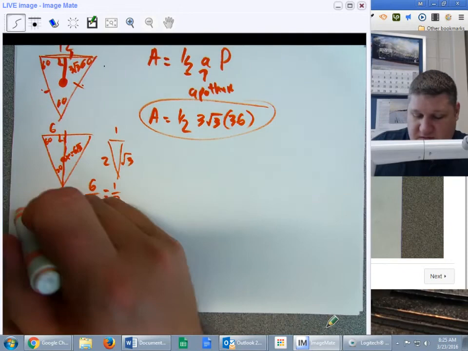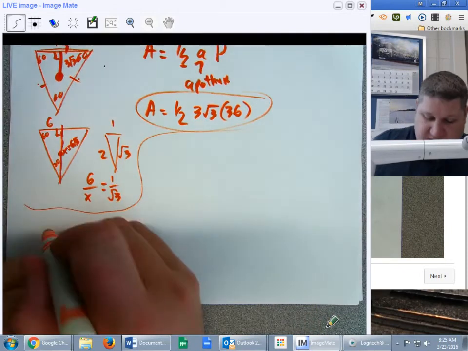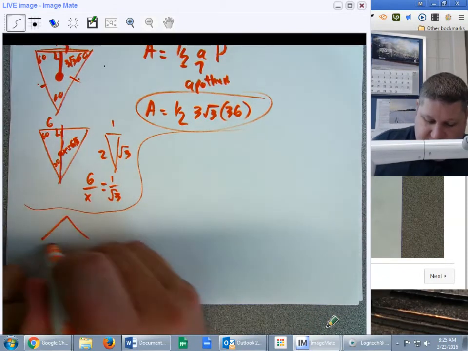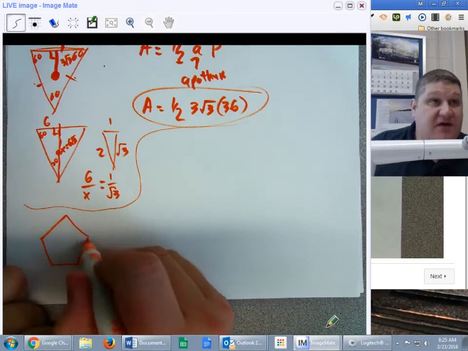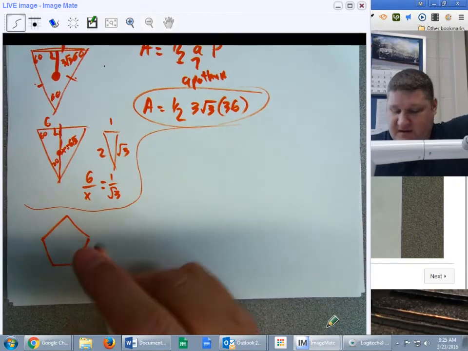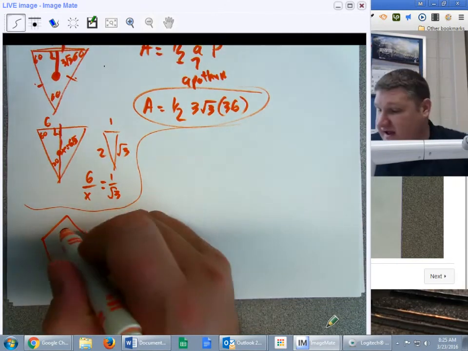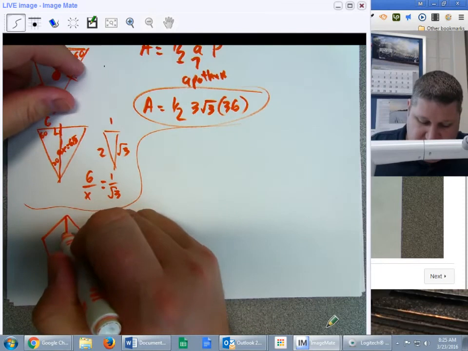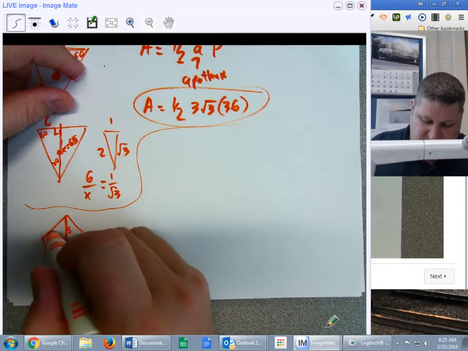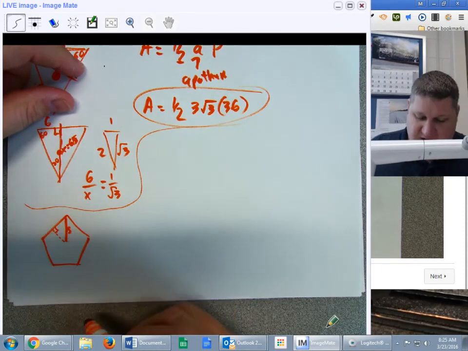Now, let's do the next one. Let's do number 11. In this case, you got a pentagon, and you have a radius of 5. Now, that's not an apothem. We'll have to find that.